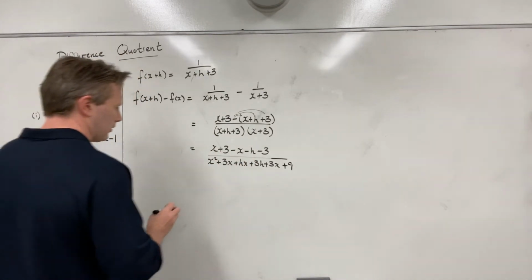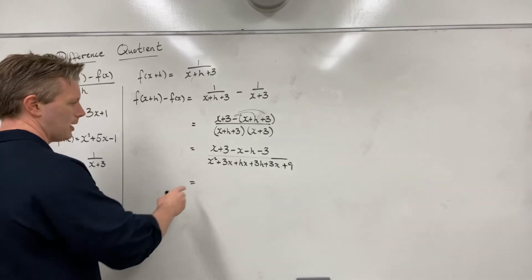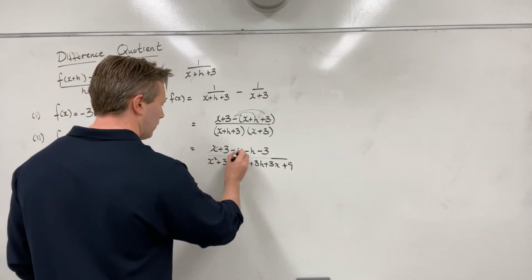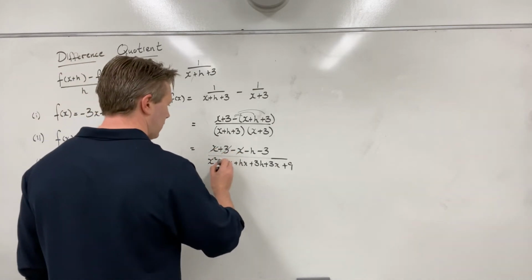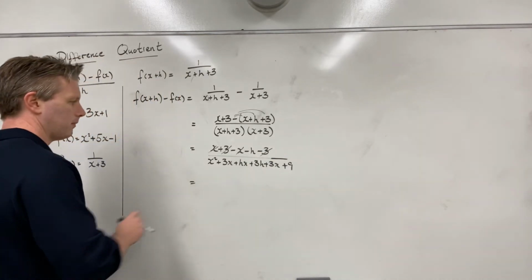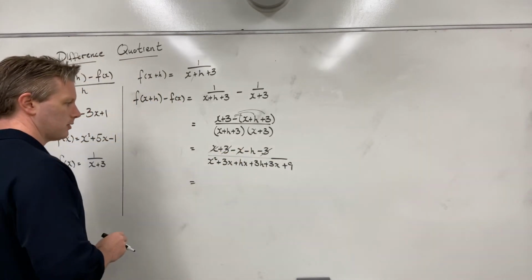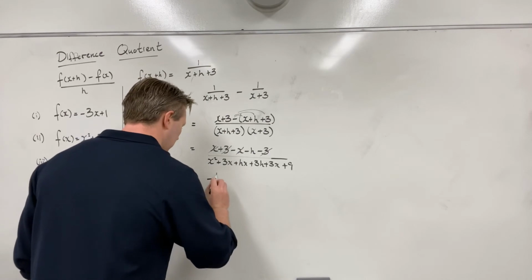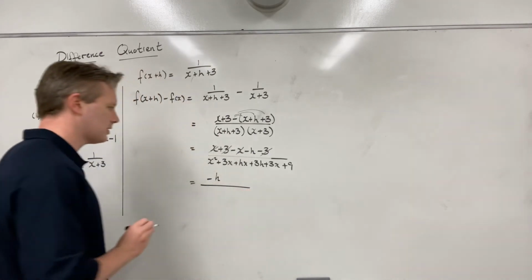All right, there's a lot there. Let's gather it all up. Up on top I have x minus x, and I have 3 minus 3, which will cancel. So up in my numerator, I am left with minus h.